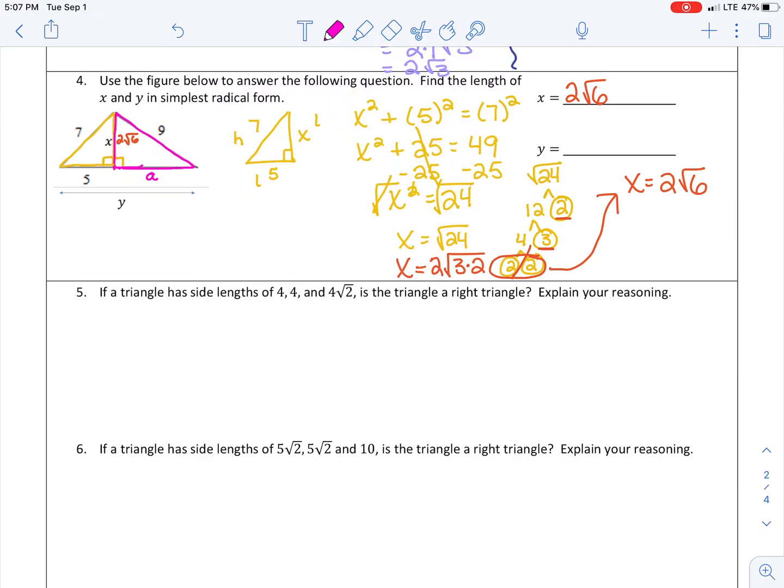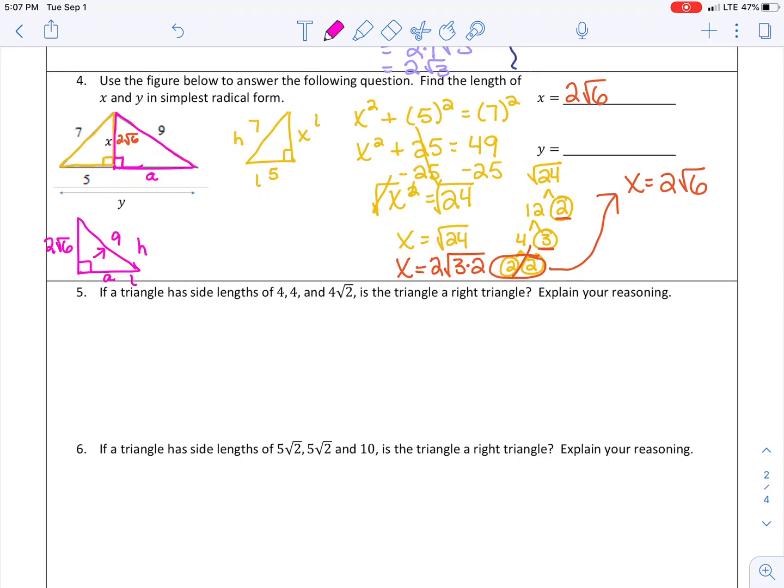So at this point, I'm going to use what I know. I know this is a right angle, so that means that 9 must be my hypotenuse, and I'm going to redraw that triangle also to make it a little easier to see. I have A, 9, and 2 root 6, which is what I found for my last triangle. So the 9 is the hypotenuse because it is across from that 90-degree angle.